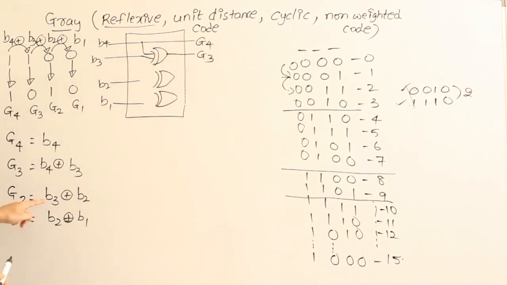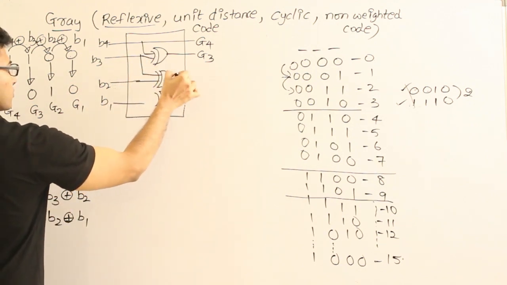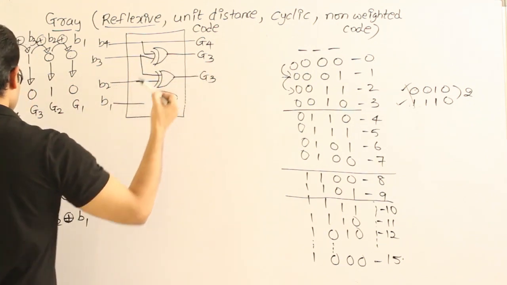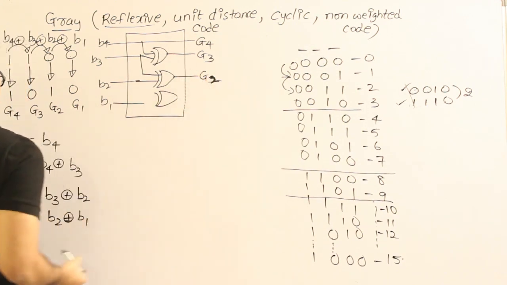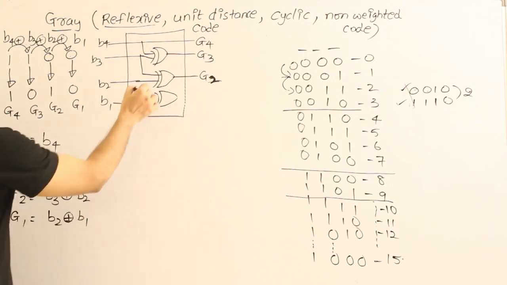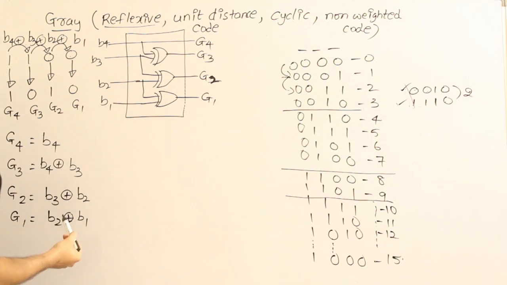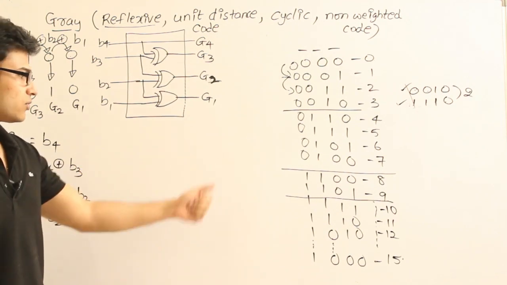And what about G2? B3 and B2, so you are going to get G2. And G1? B2 and B1, which means this one and this one, and you are going to get G1. Understood? If you have 4-bit numbers, you might feel that this method is easy and you want to go with that.